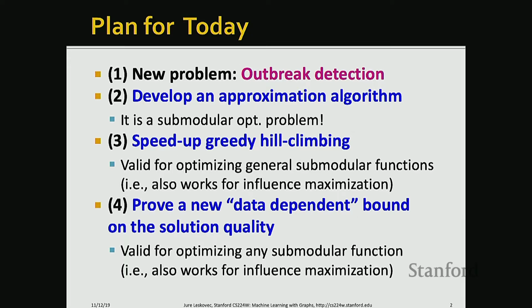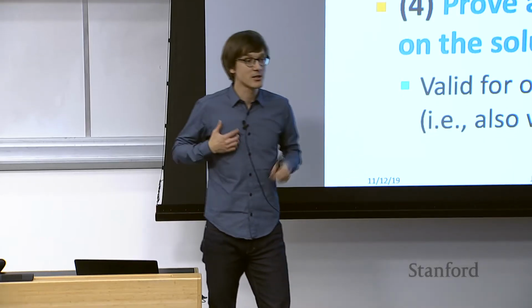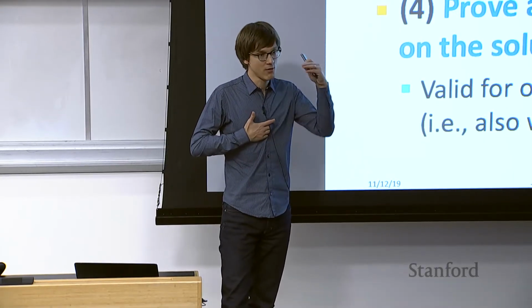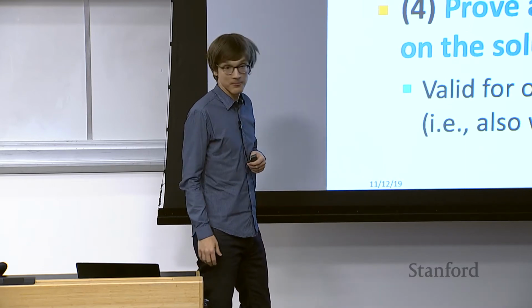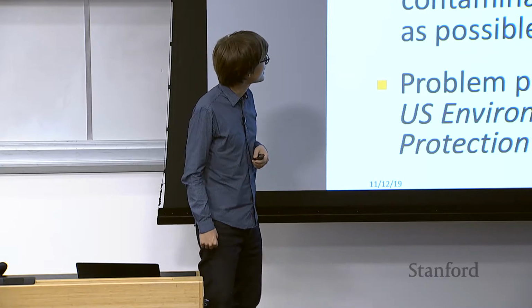Today, we will show what is called a data-dependent bound, where we will look at the algorithm and the data to provide a certificate for the optimization quality of our algorithm. This bound will basically say, you can find your solution however you want, but here is a certificate of how good your solution is with respect to the optimal solution that is too complex to compute. So that's the idea for today.